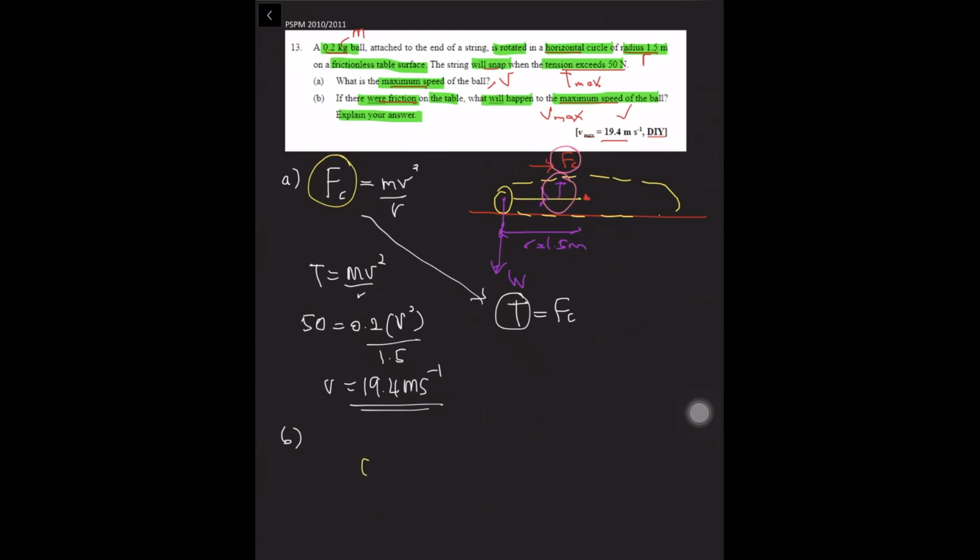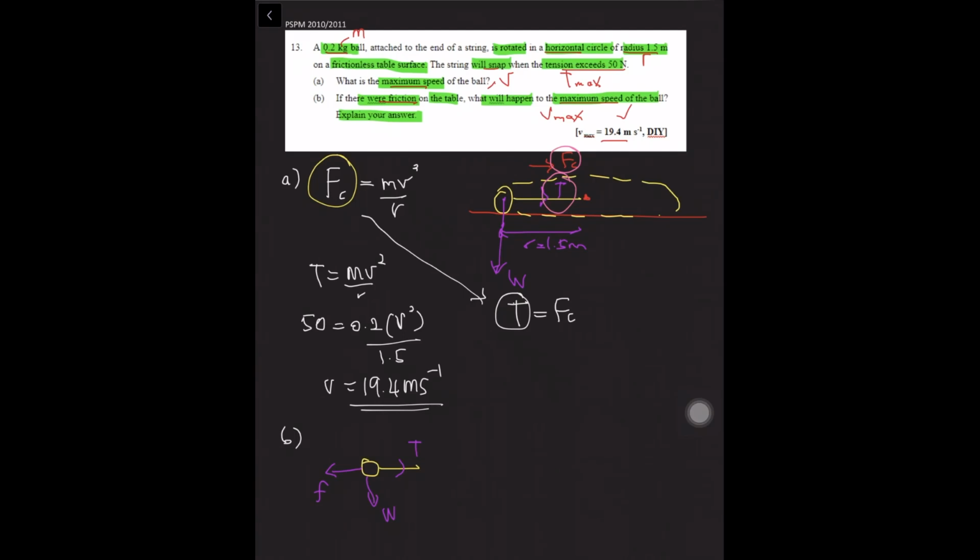So I draw again. This one is tension, and this is the weight. What is the direction of friction? Friction will be directed to the left side. Why is the direction of friction to the left?